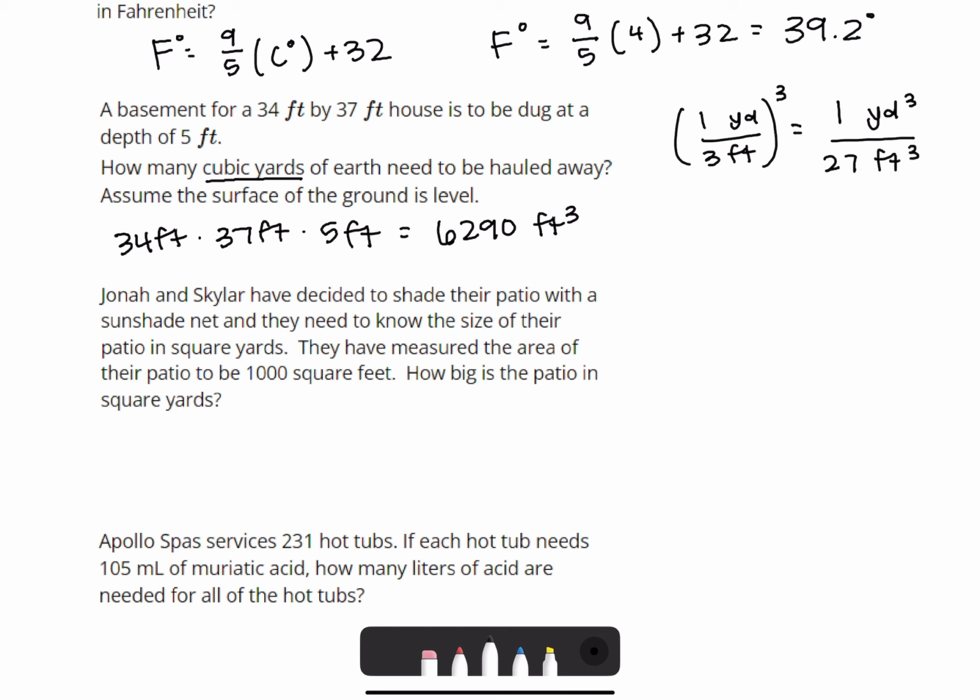So to get this into yards cubed, we need to use this conversion instead. So then the feet cubed cancel, and we divide that by 27, and you should get 232.96 yards cubed for your answer.